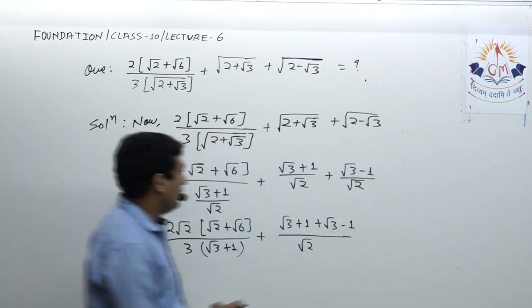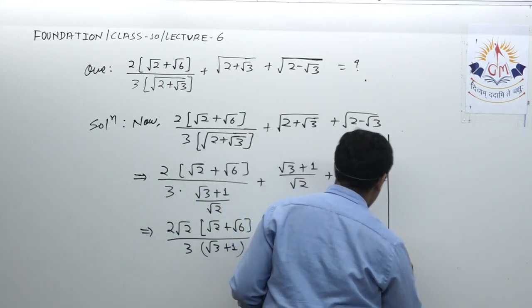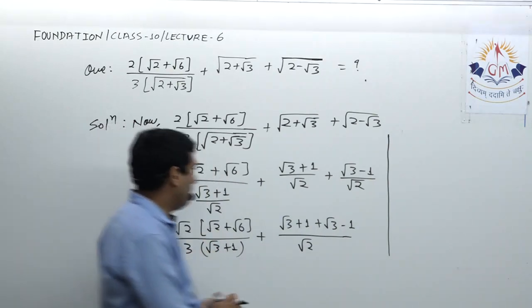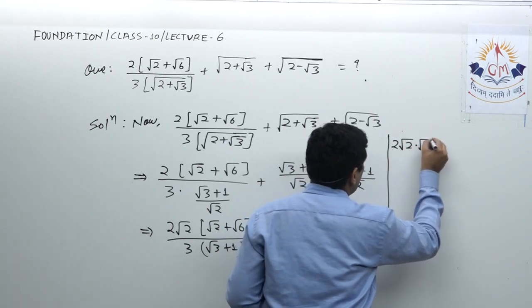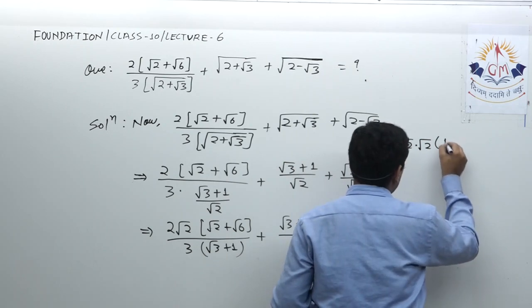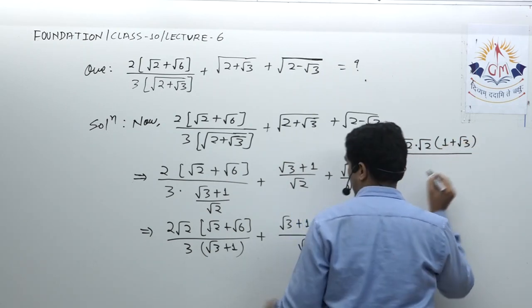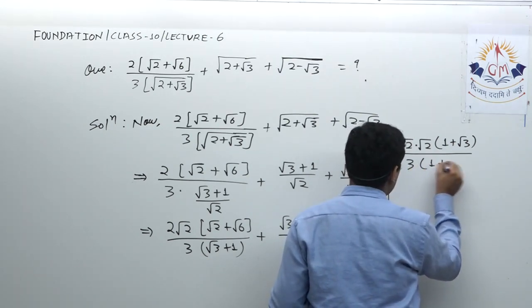Okay, now further, see, from this numerator root 2 can be taken common. So if I take root 2 common, what I am left with is 1 plus root 3 divided by 3 into 1 plus root 3.